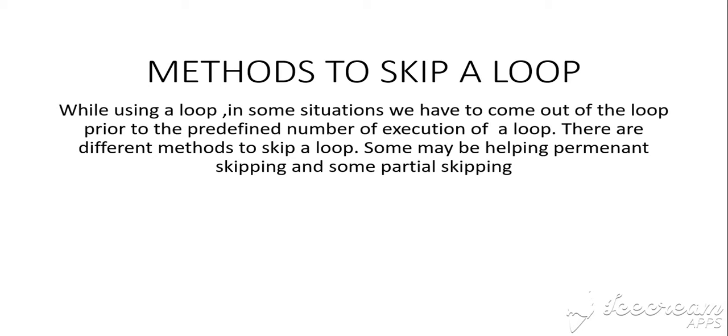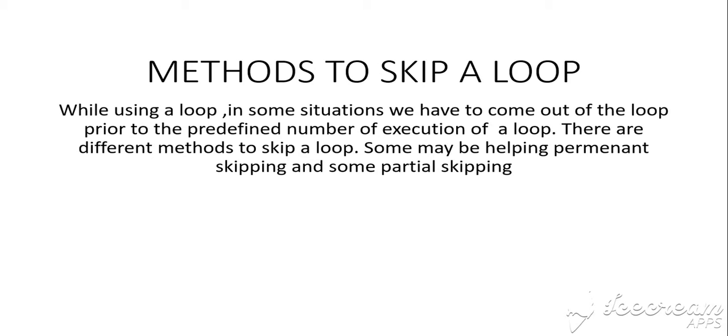So normally we will design the loop to continue 10 times, but we have to keep the conditions or methods to stop the loop when the user enters a negative number. That means when a negative number is entered by the user, the execution of the loop should be terminated.